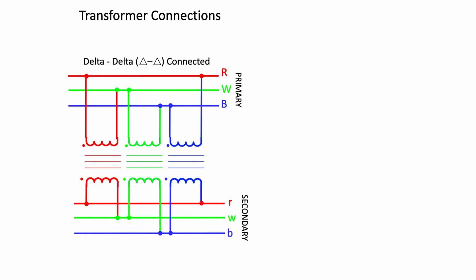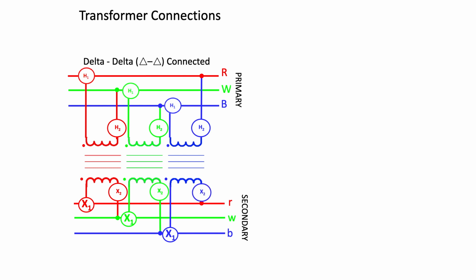That is to say, the H1 terminals are connected to individual phase conductors, and the high voltage H2 terminals are connected to the adjacent primary H1 terminal. Similarly, the X1 terminals of the secondaries are connected to the individual phase conductors, while the low voltage X2 terminals are connected to the adjacent secondary terminal X1.